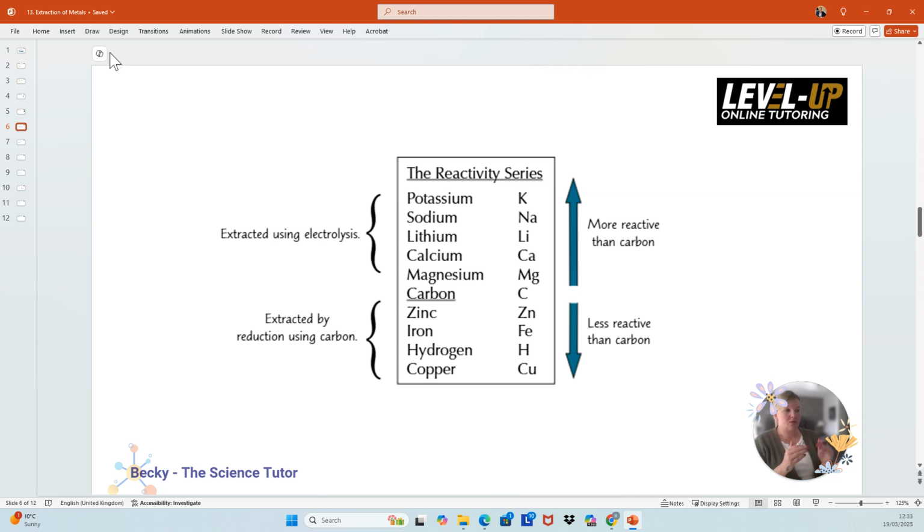So you'll see a slight variation of this reactivity series. But if we're a reactive metal, we need to use electrolysis. If it's less reactive than carbon, we can use carbon reduction to undergo a displacement reaction and leave that metal on its own.